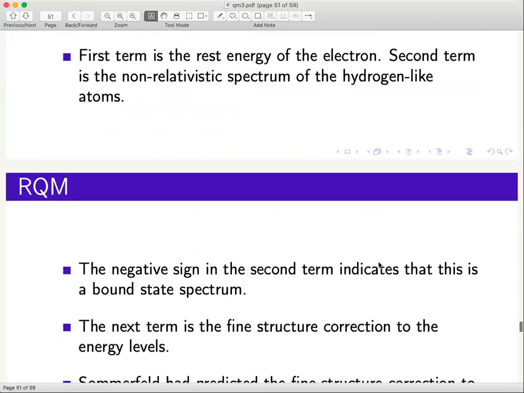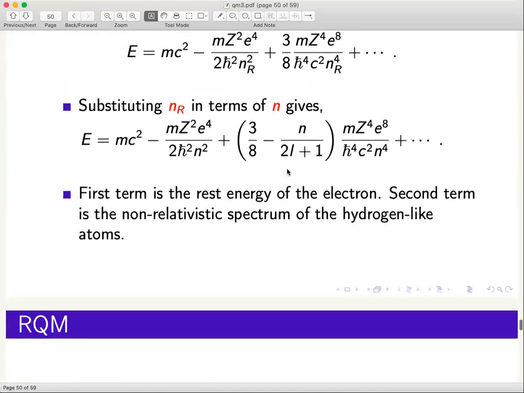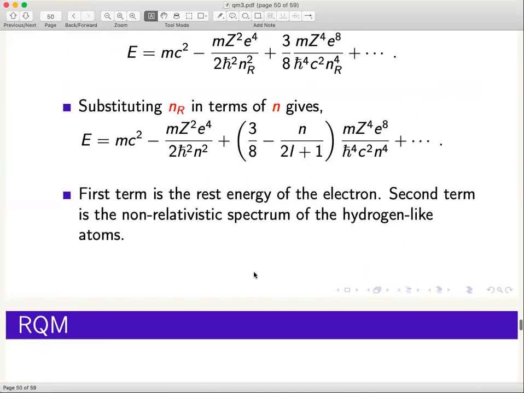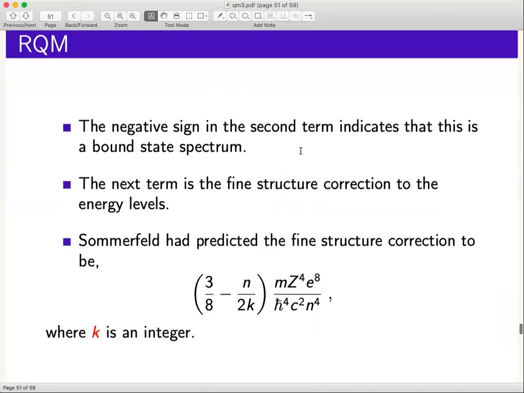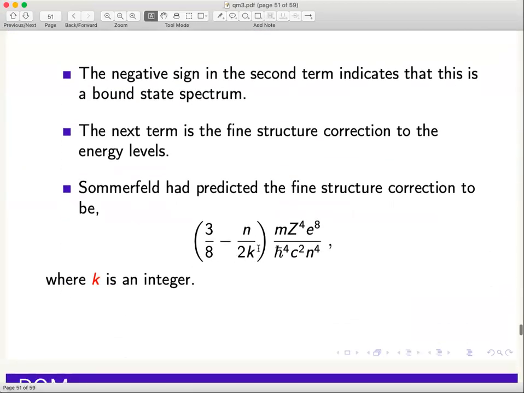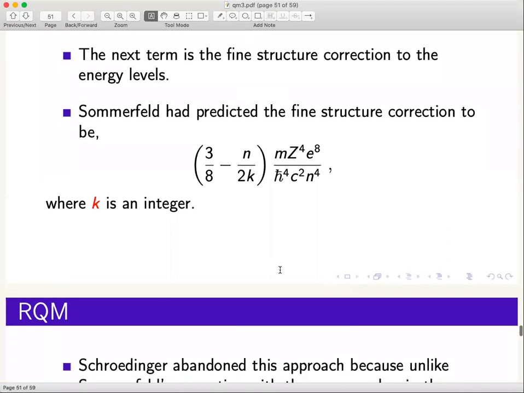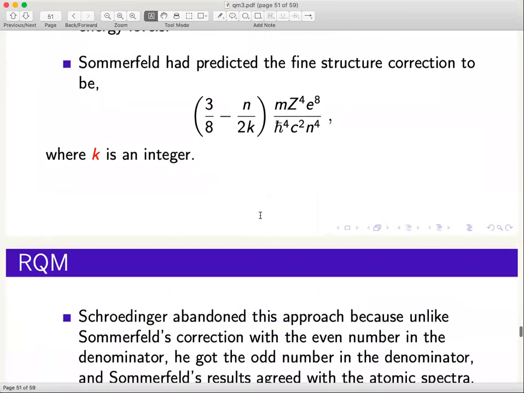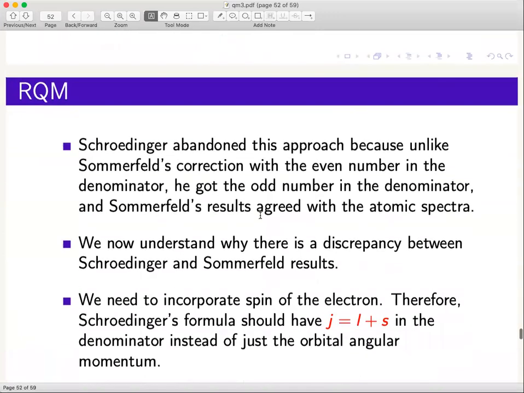Let's compare that with Schrodinger's computation, and it is 3 by 8 minus n upon 2l plus 1. Everything else is the same. It is that you have an odd number sitting in the denominator as against the even number that Sommerfeld had predicted. Because of this discrepancy, Schrodinger basically abandoned the approach.